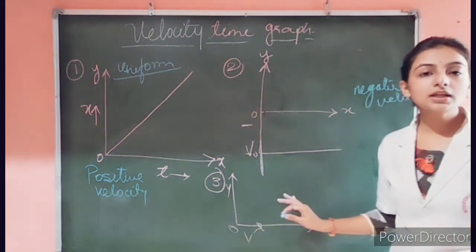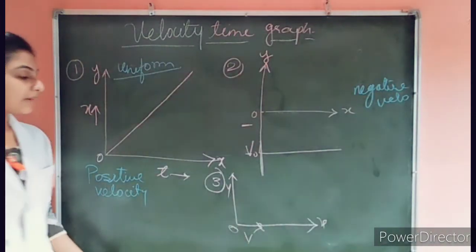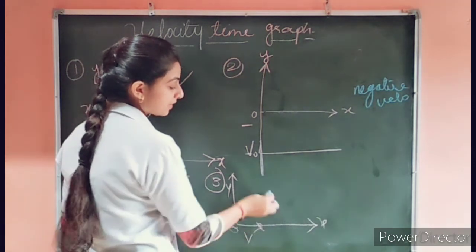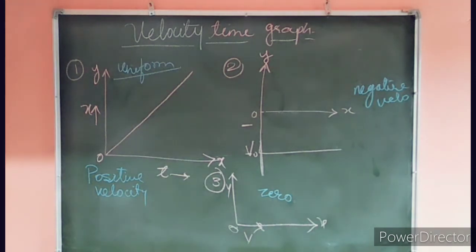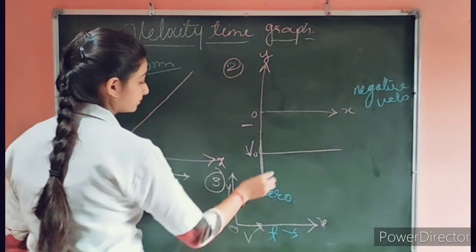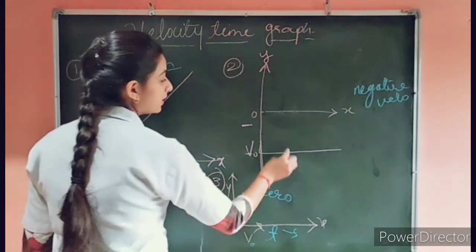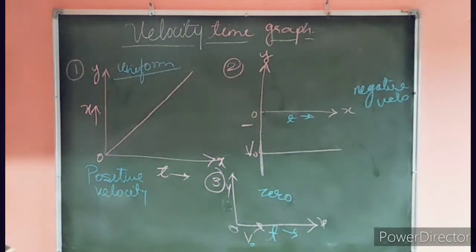Now, if the object is stationary, or the velocity is not changing with time, then a graph like this will be generated, that is zero velocity in the velocity time graph. Here is v0, time is on this side and velocity here. So these are the three types of graphs from the velocity time graph: positive velocity, negative velocity and zero velocity.